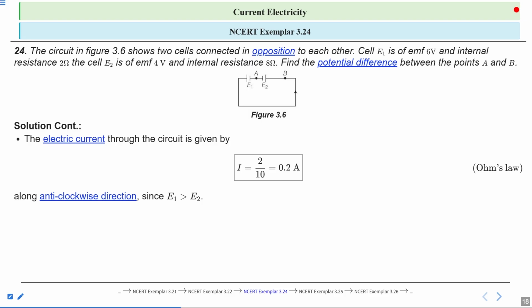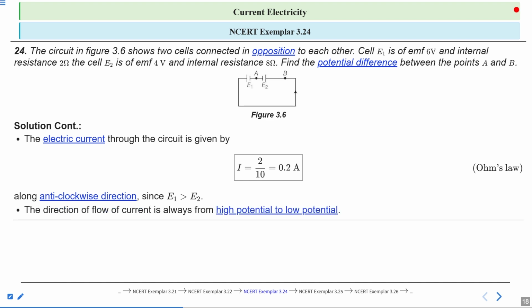So in this circuit, it will be in anti-clockwise direction. Okay. From A point to B point through the E1 cell. So this current is in anti-clockwise direction since E1 is greater than E2.